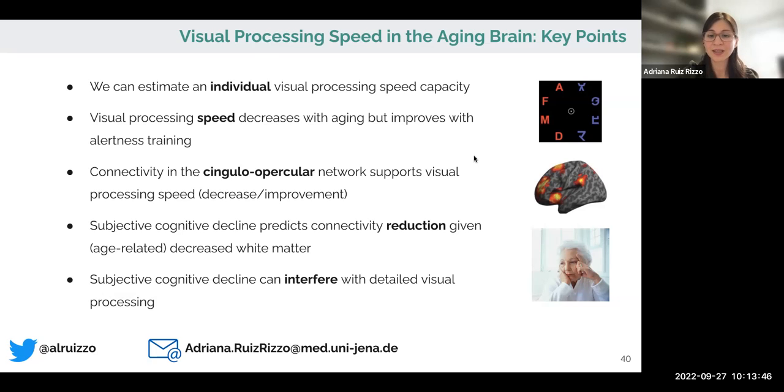And we want to see how visual processing, but also other visual attention functions, because from this theory, as I showed you in the beginning, we can focus on objects or features. So we can use other visual attention parameters to also better understand visual processing.